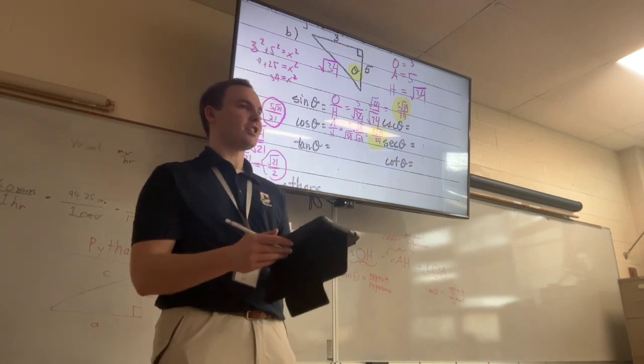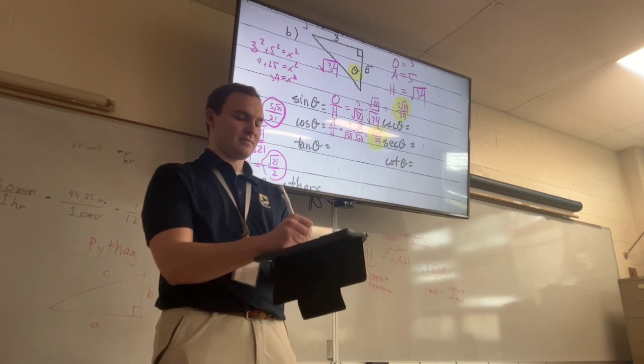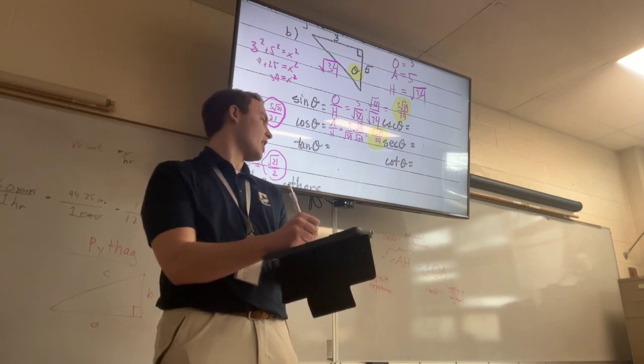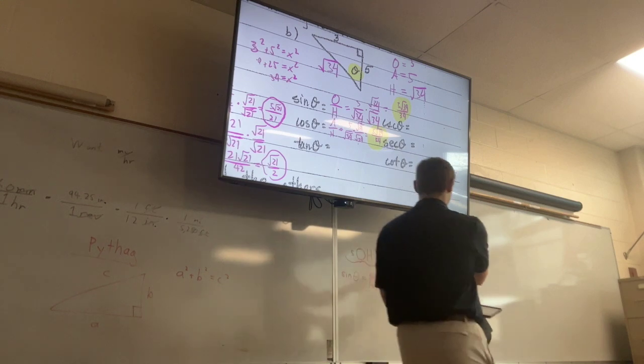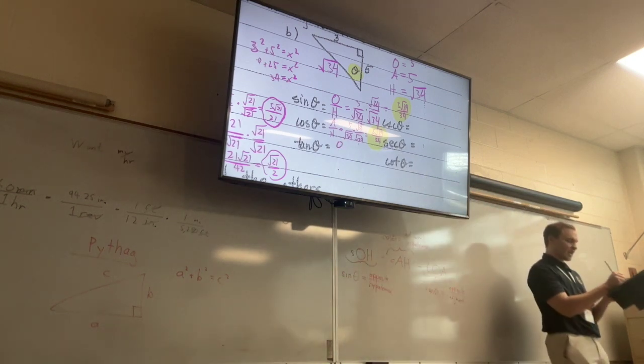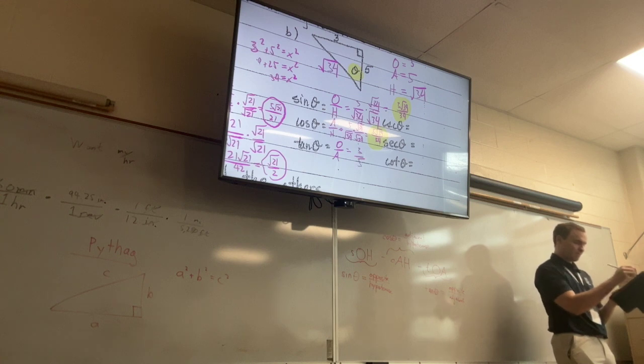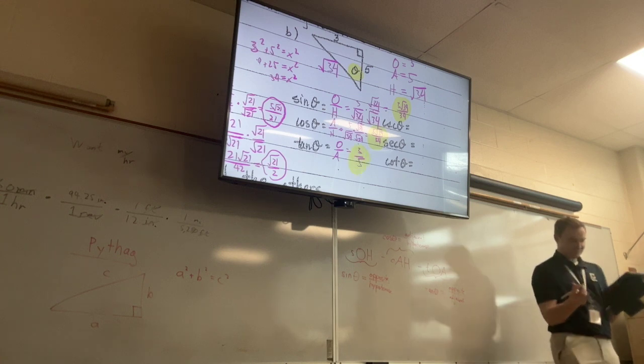Okay, and then tangent is what? SOHCAHTOA. It's opposite over adjacent, or 3 over 5.